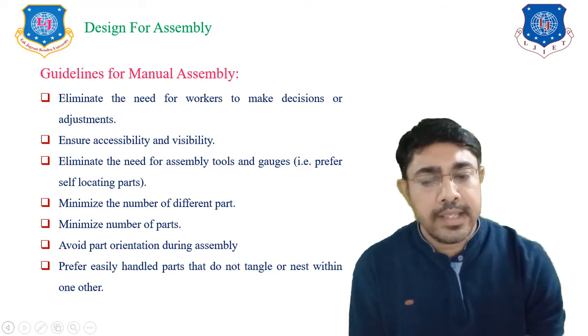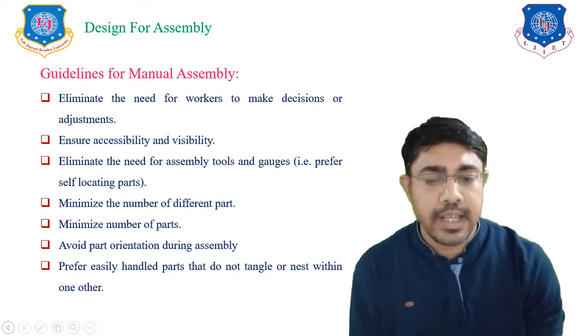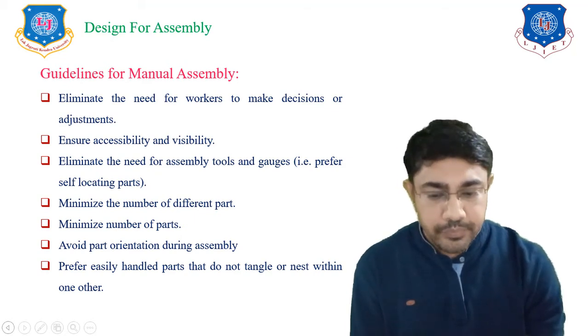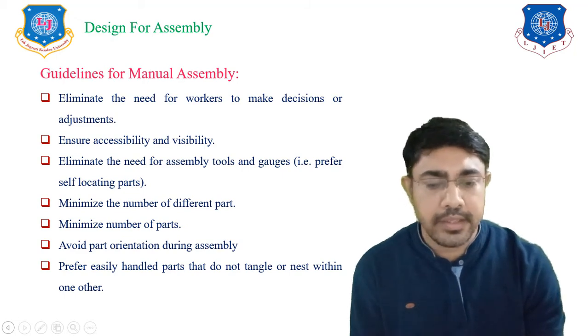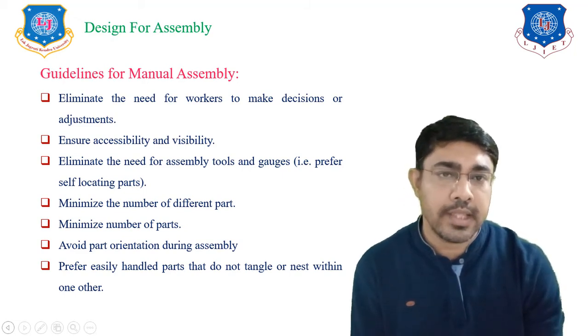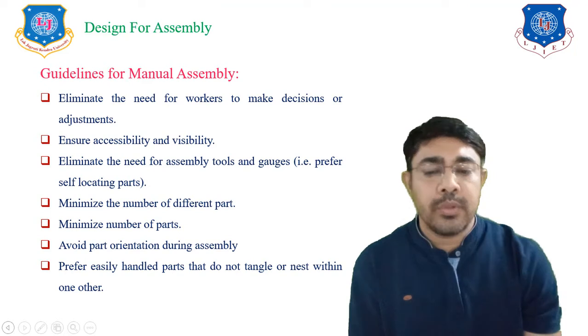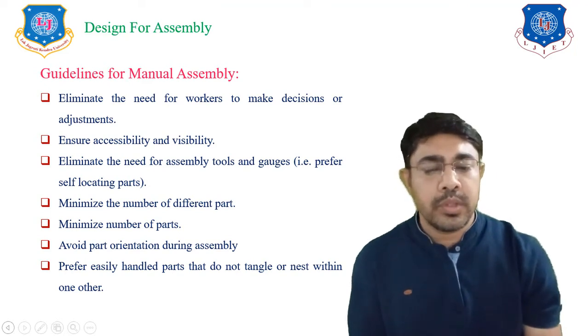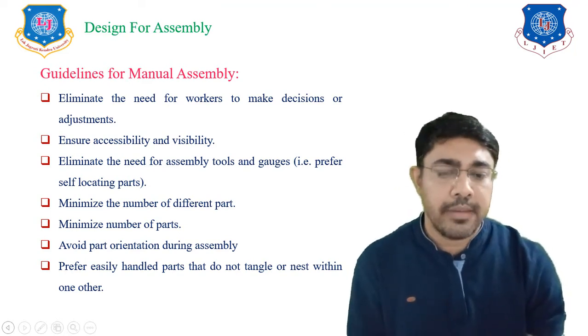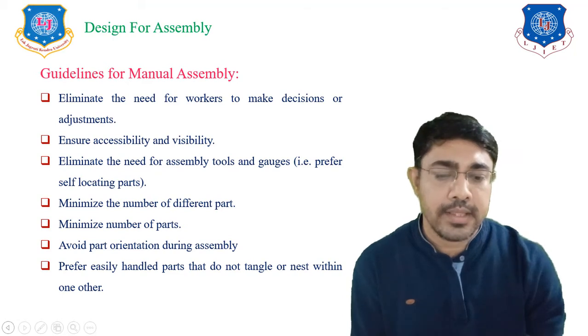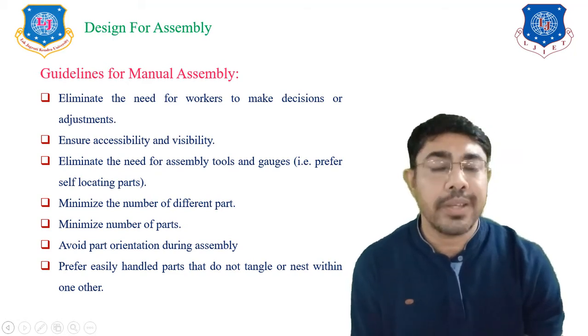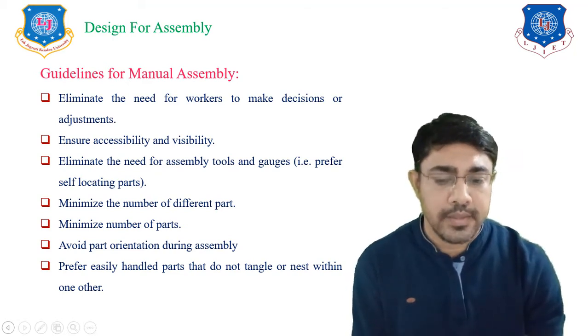Second guideline is ensure accessibility and visibility. Third is to eliminate the need for assembly tools and gauges. So when we have to do the assemblies, there is no requirement of any assembly tools and gauges. That means prefer the self-locating parts.